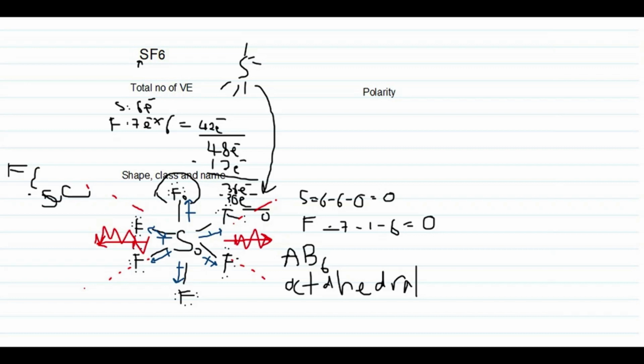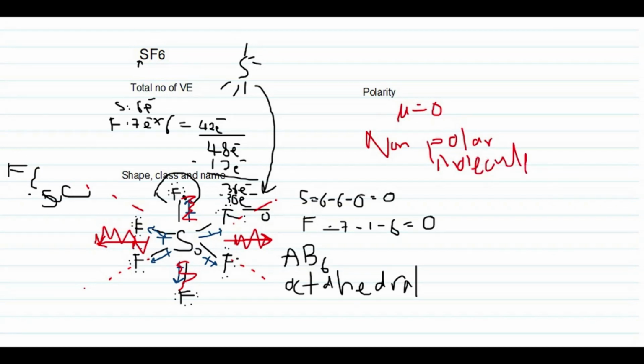So the above bond dipole and the bottom bond dipole can also be cancelled out. And hence, I can say that mu is equal to 0. Hence, it is a non-polar molecule. Okay?